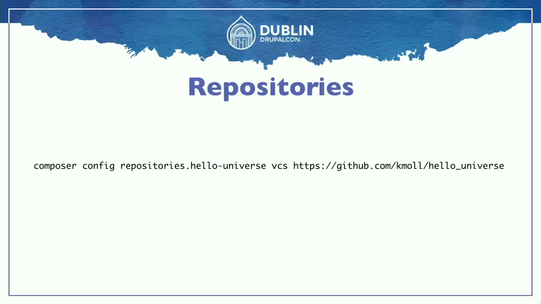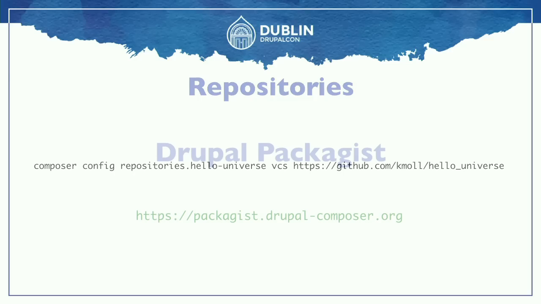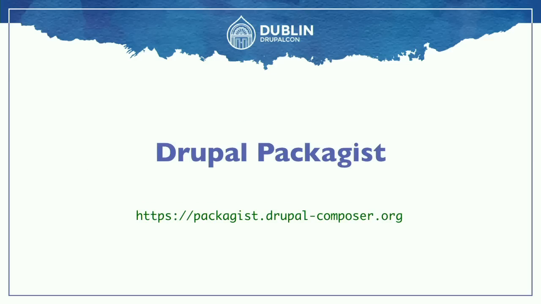Great. So now we can pull in packages from anywhere in PHP. We could pull in our custom packages. But what about Drupal modules? What about code that already exists? How do we find that? Well, thankfully, some smart people created Drupal Packagist.